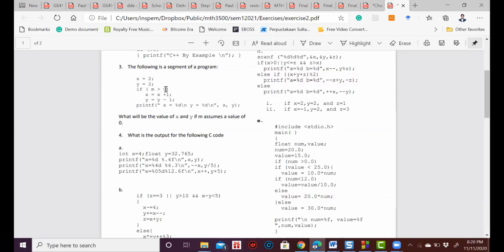The condition is M greater than 0. If M is greater than 0, X equal 2 and Y equal 1. But if M equals 0, the X statement is skipped, so only Y will be executed. We don't change the value of X because the initial value of X is already 2.